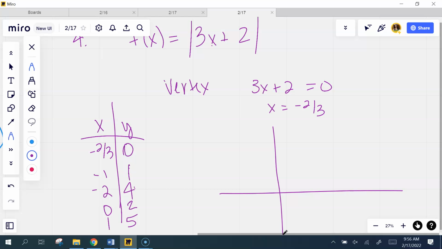Okay. So this looks a little bit different than what you've been doing, but it's okay. So I've got -2/3, 0. This is going to be my vertex. Now I've got -1, 1, -2, 4, 0, 2, and I've got 1, 5.